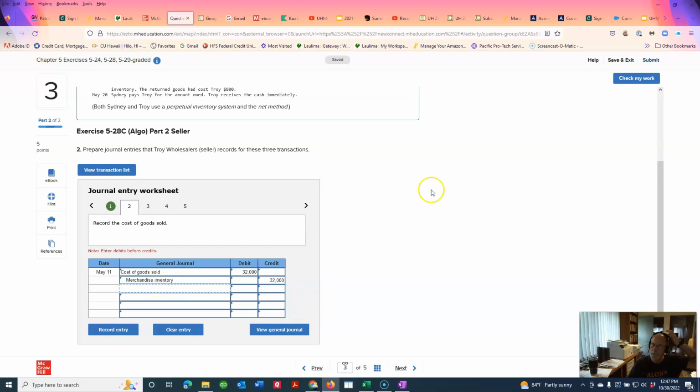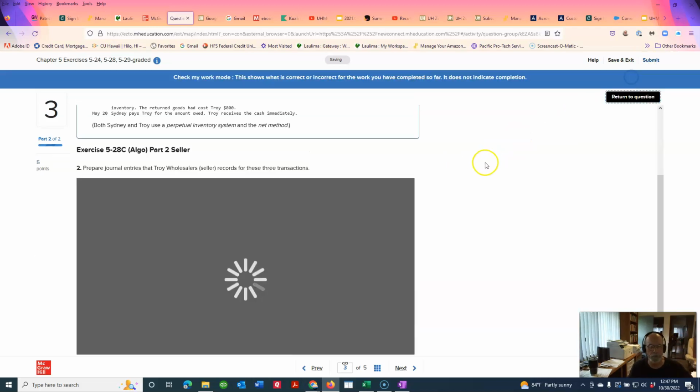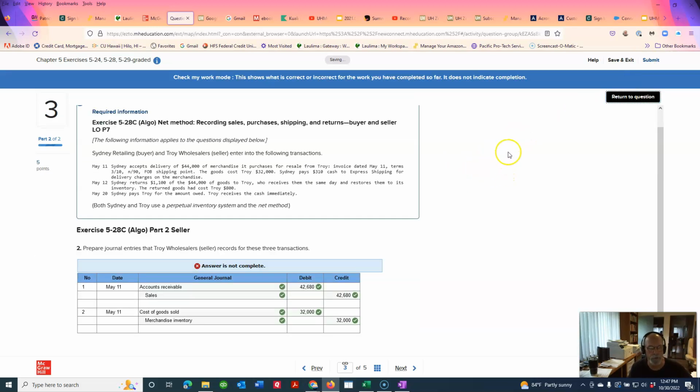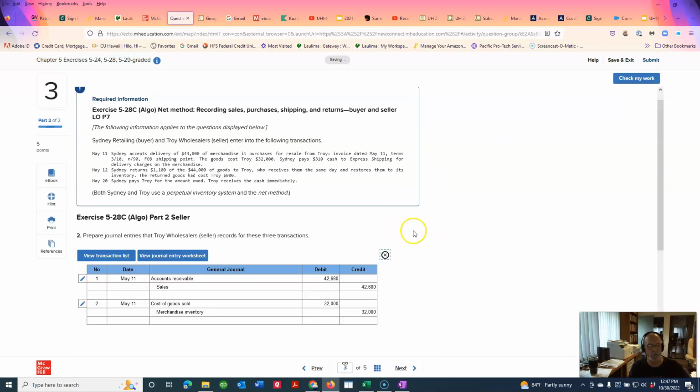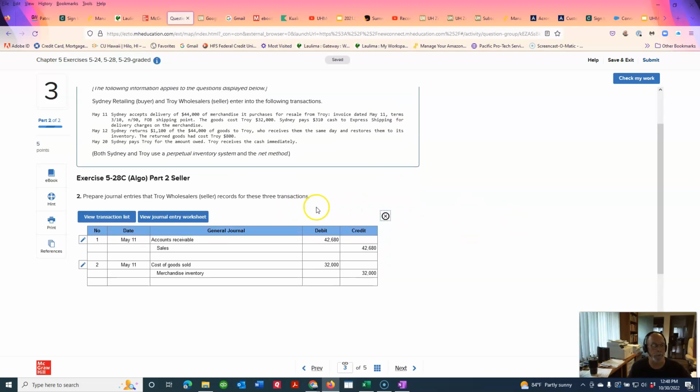And of course, we want to make sure that we're on the right track here, and we are. Okay, again, now this merchandise inventory is the seller's merchandise inventory account, not to be confused with the buyer's merchandise inventory account. These are two companies and they're independent of each other.